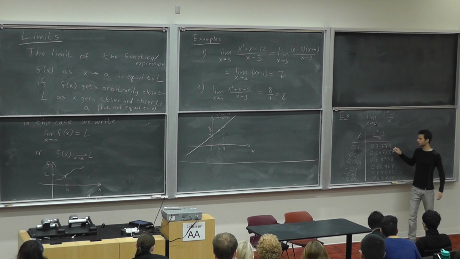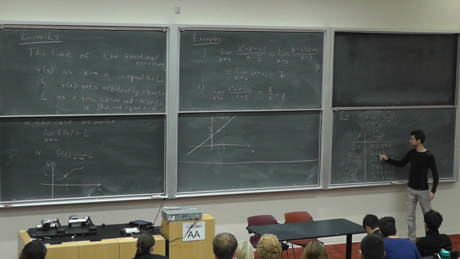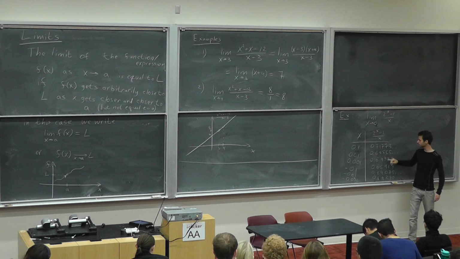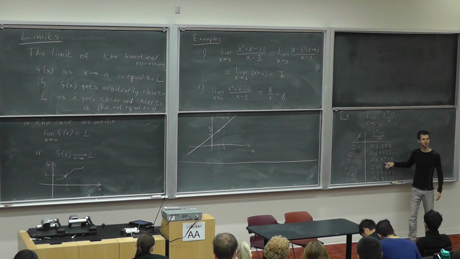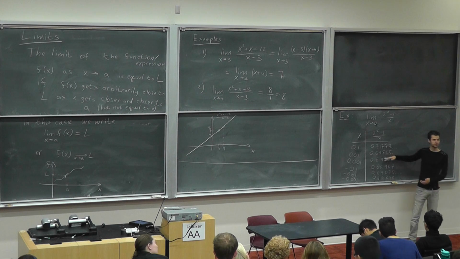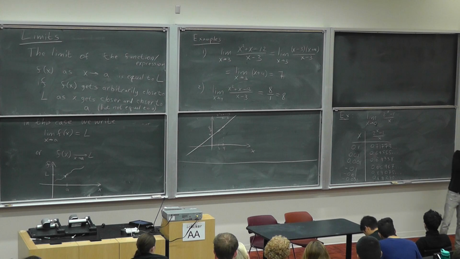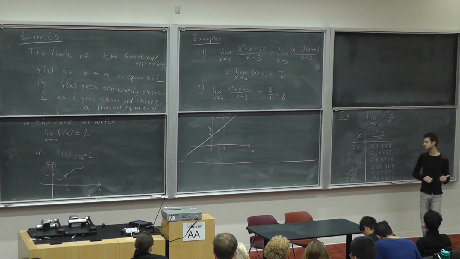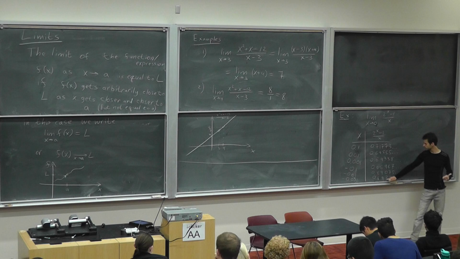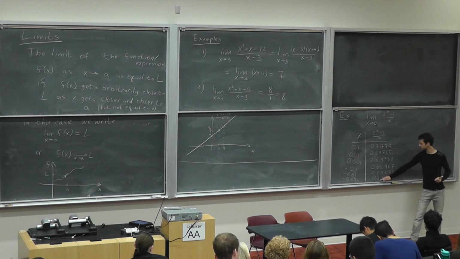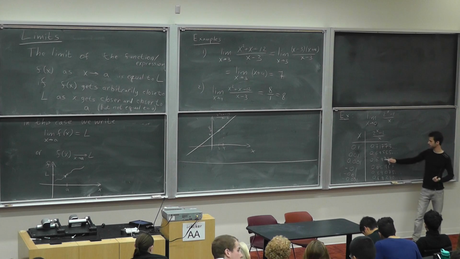I see that this is more than 0.7. Next one is 0.69555. Next one is even smaller. So it looks like these values actually become smaller and smaller. As I jump over the point 0 to negative values, the values still get smaller and smaller. But they're somewhere around 0.69 something.